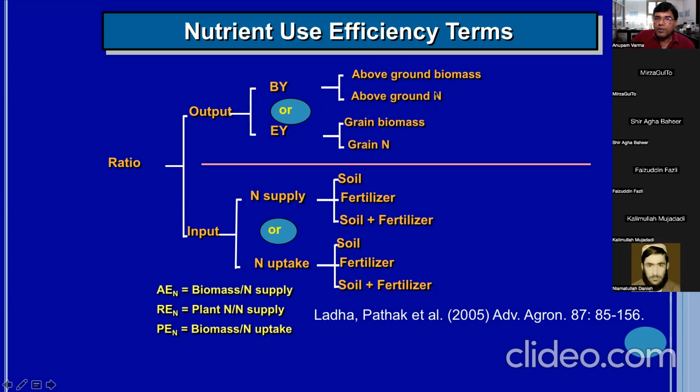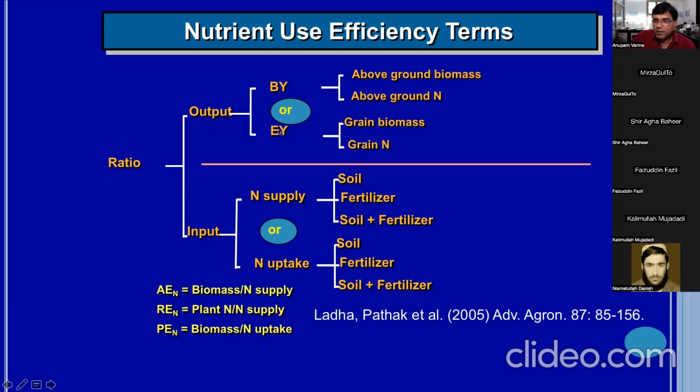That makes your above ground nitrogen. Similarly, in economic yield, this can be grain yield. Grain biomass is your grain yield, and how much nitrogen is there in the grain. That is grain nitrogen uptake. So this is how you can put the output. Output can be with respect to biological yield.